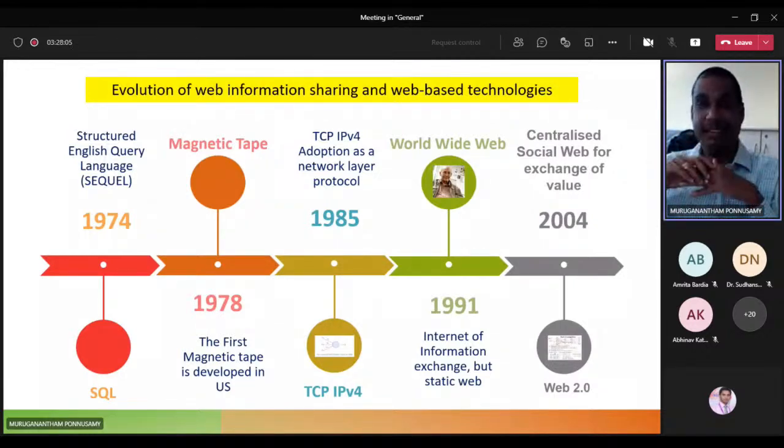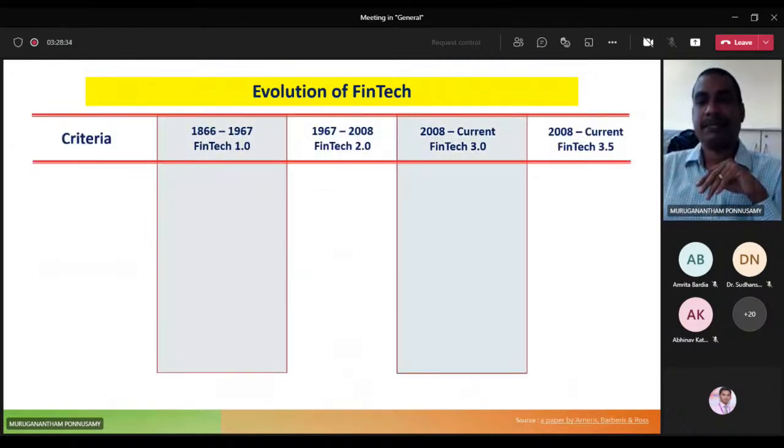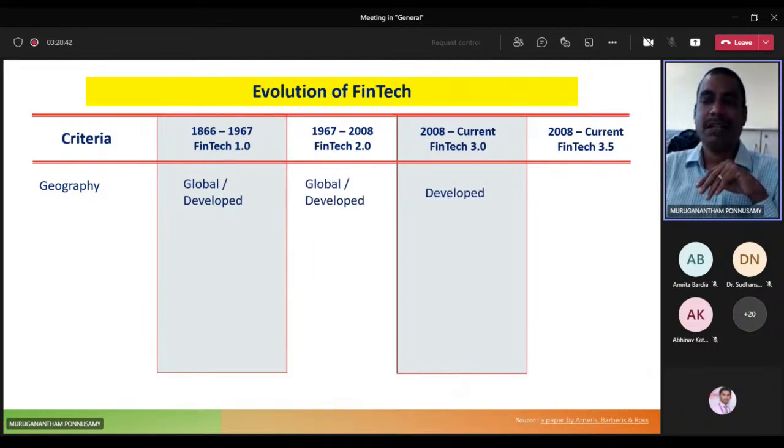It starts from 1974, SQL, then we came up with magnetic tape, then TCP/IP, then the WWW, World Wide Web, and the centralized social web for exchange of value, Web 2.0. So it has different periods. We can say versions also, right? FinTech 1.0, 2.0, 3.0, and 3.5.